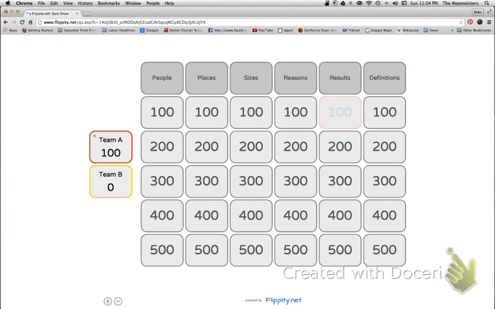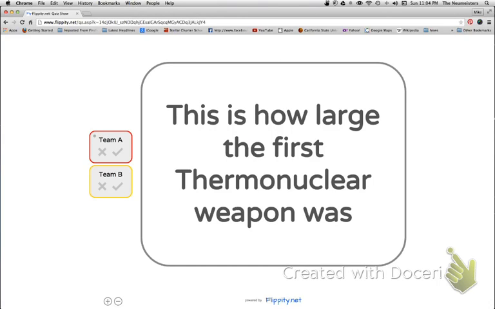Now it's Team B's turn, and let's say they want to go with sizes for 100. This is how large the first thermonuclear weapon was. And they may say something like, what is 221 kilotons?